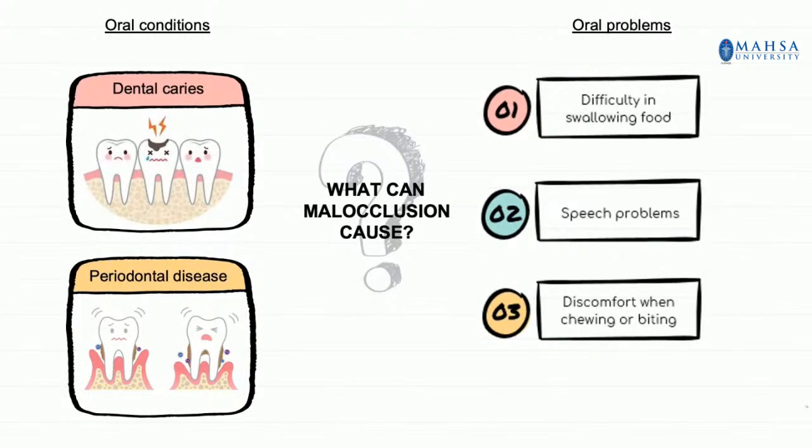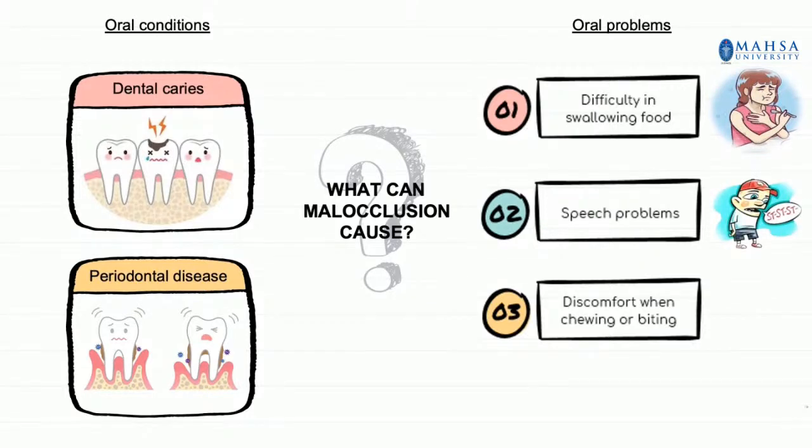Teeth that are crowded or out of alignment are more difficult to keep clean, contributing to periodontal disease, dental caries, and tooth decay. Malocclusion can also cause problems related to oral function such as swallowing, speech, and discomfort when chewing or biting.